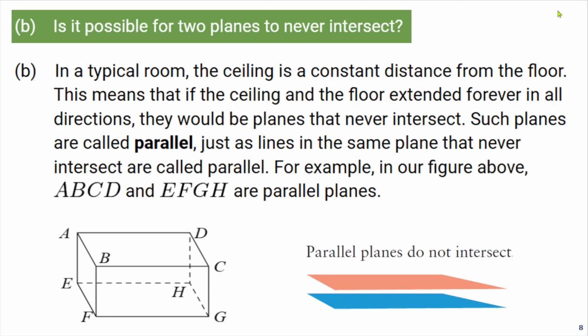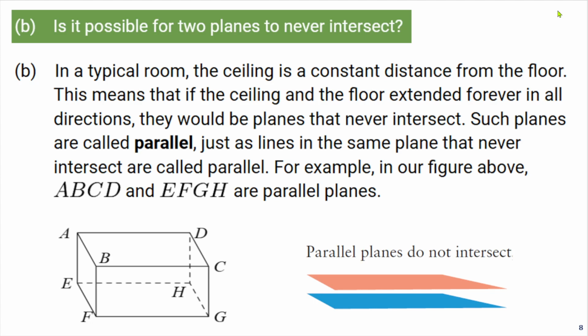This means that if the ceiling and the floor extended forever in all directions, they would be planes that never intersect. Such planes are called parallel, just as lines in the same plane that never intersect are called parallel. For example, in our figure below, ABCD and EFGH are parallel planes, and we know that parallel planes do not intersect.